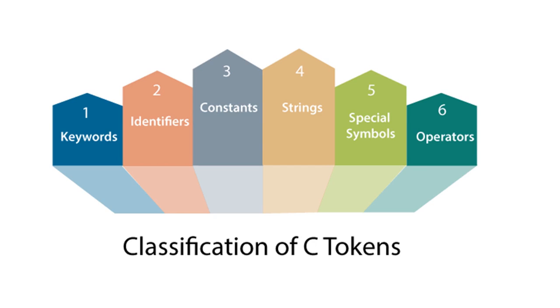And identifiers. What is an identifier? An identifier is a name of a variable or the name of a constant, or the name of an array variable or a function.